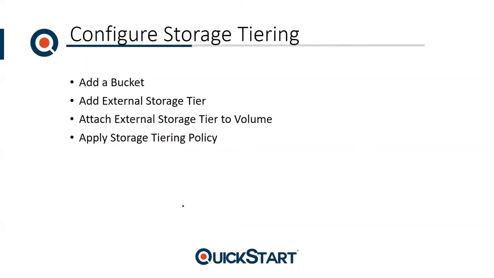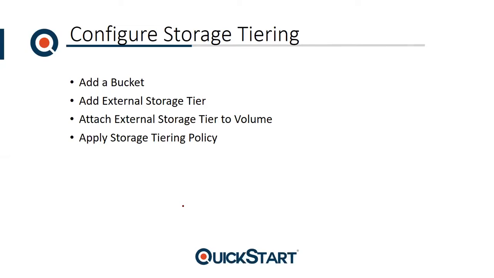So the basic process, again, just to set this up. This process hasn't really changed, though the GUI has changed a little bit. System Manager has changed a little bit, so it's a little easier to configure through System Manager than it was in the past. But the overall basic process from 9.2 forward is I add what's called a bucket.